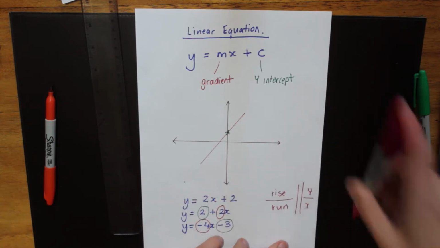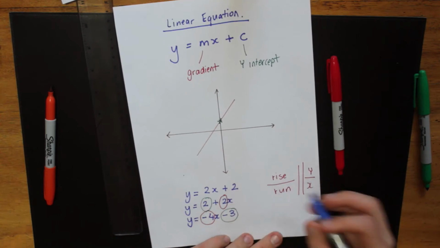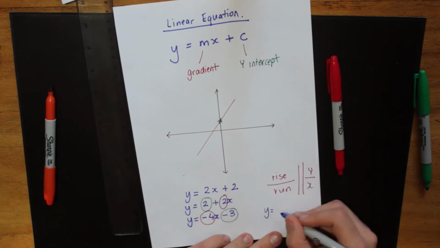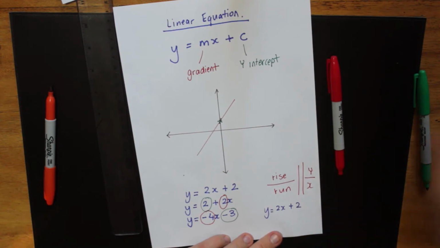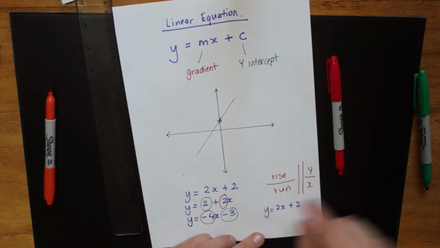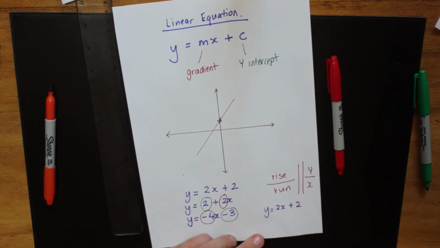So you notice here in this equation, I'm going to write this down here, y equals 2x plus 2. Well, our gradient is here, but it isn't represented as a fraction. But we know that our gradient is the rise over the run.